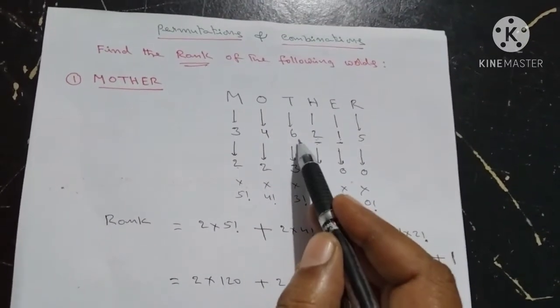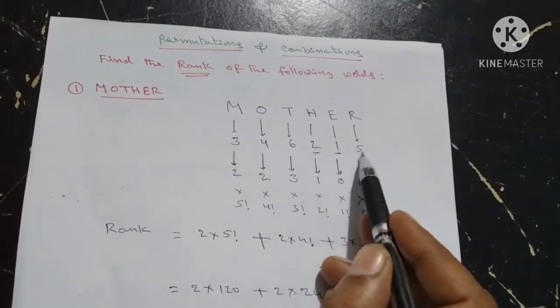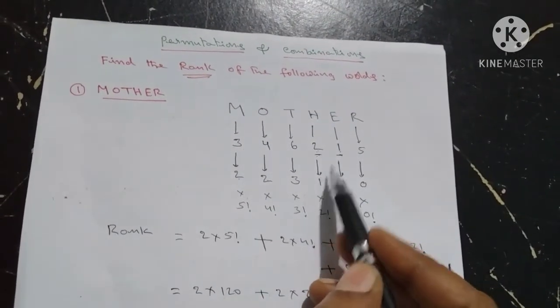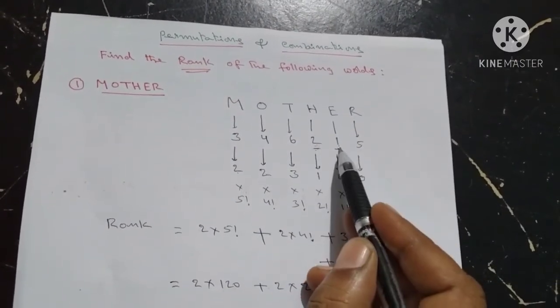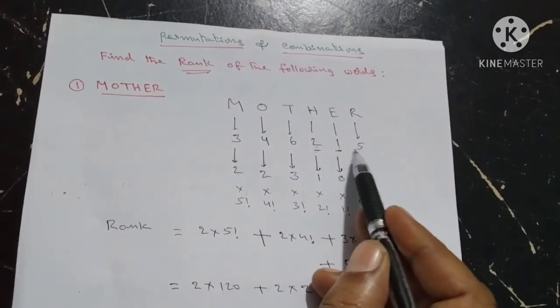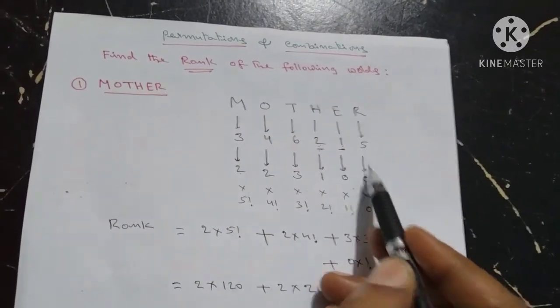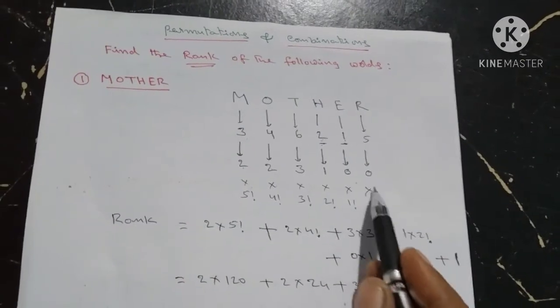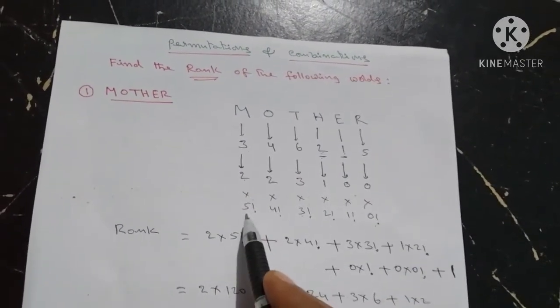For 6, the number of lesser values in the right side: 1, 2, 3. For 2, the number of lesser values is only 1. For 1, the number of lesser values in the right side is 0. Now write 0 factorial, 1 factorial, 2 factorial, 3 factorial, 4 factorial, 5 factorial.